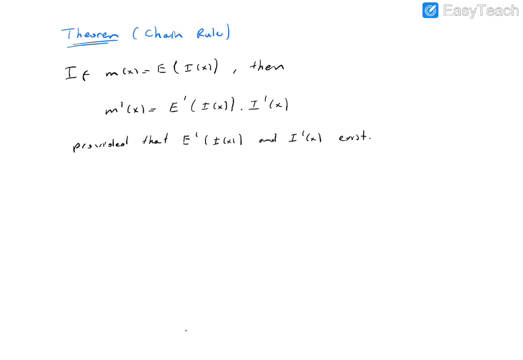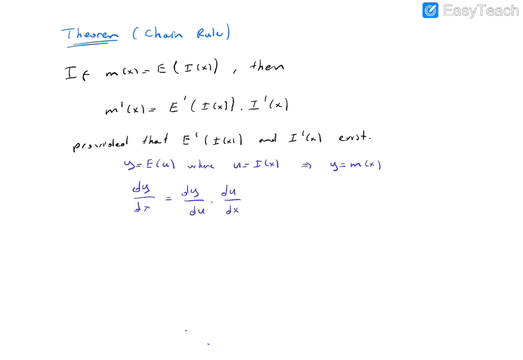We have some other notation here. We sometimes denote dy over dx. Here y is e of u and u is i of x. So totally y equals m of x. So the derivative of y with respect to x equals the derivative of y with respect to u times the derivative of u with respect to x.